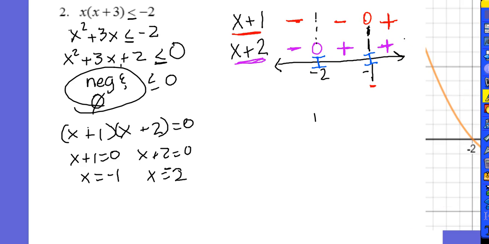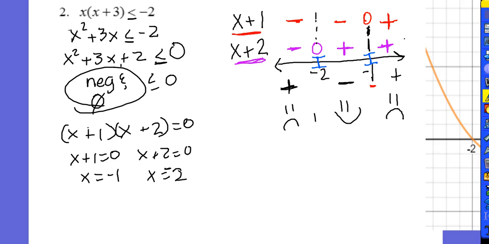So now that we've got our sign chart created, we're going to use our signs to determine what kind of intervals we have. We multiply just like we multiply here. Negative times negative creates positive, and this time we don't want that. Negative times positive is negative, and we do want that because we want less than. So we want that section. And then positive times positive is positive, and we don't want that.